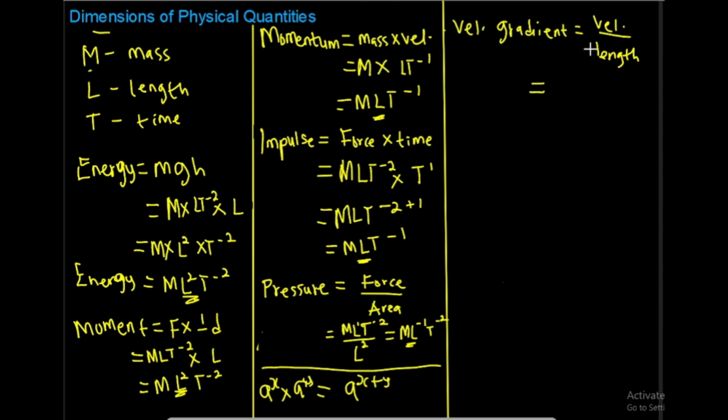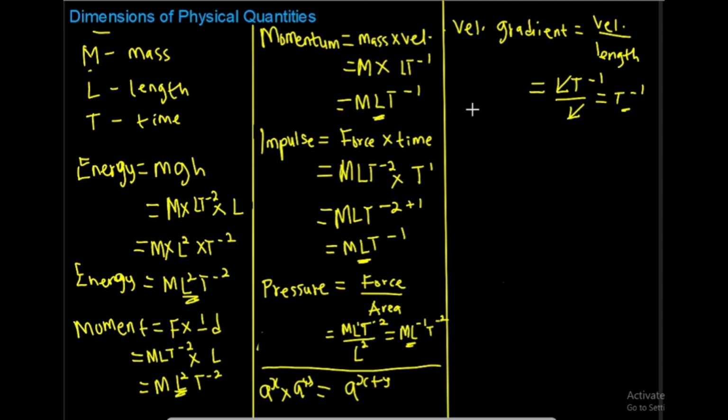So the dimension for velocity, we've calculated it previously, if you recall, is equal to LT^-1. You can just go back and check. So LT^-1 over L. We have L here, L here. They're both positive powers, so we can just cancel out. No need stressing about any of the division laws. So the velocity gradient will be T raised to power minus 1. And I hope you know this is the same thing as saying M raised to power 0, L raised to power 0, T^-1.